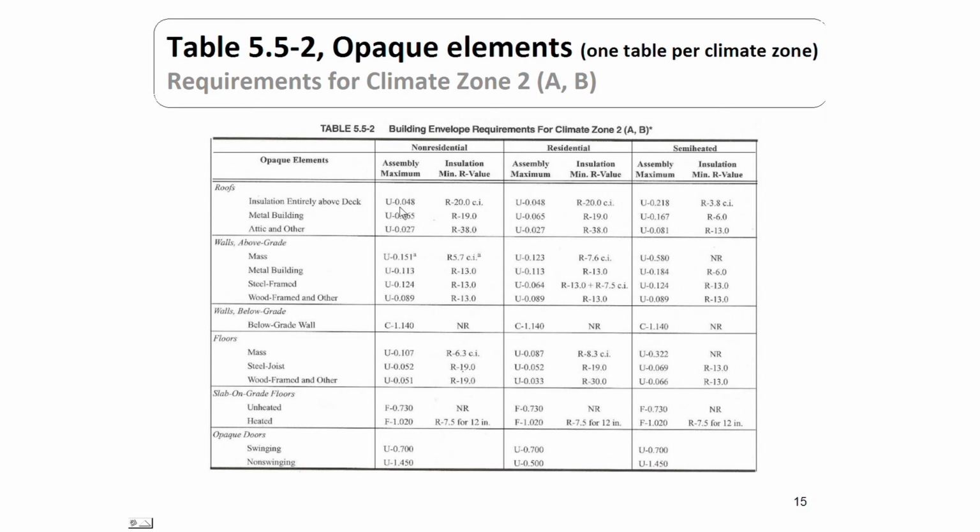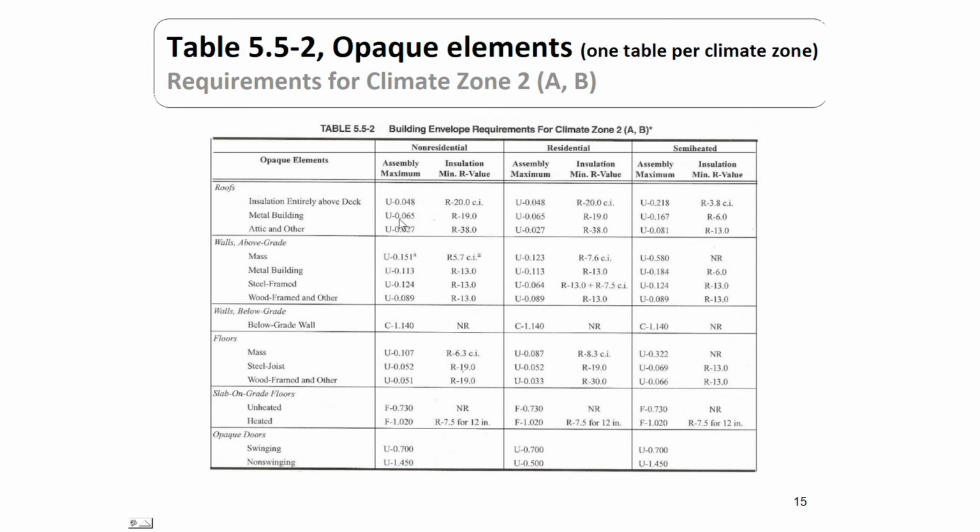And then in the columns in those, you're going to find an assembly maximum U value. U is the conductivity or the conductance of the overall wall assembly. That's in BTUs per hour per square foot. Right next to that, you'll see an R value. And most people are used to seeing R values as indicators of the insulation level on the rolls of insulation. So in between the joists, we have the R values, and so you would have to meet that requirement.